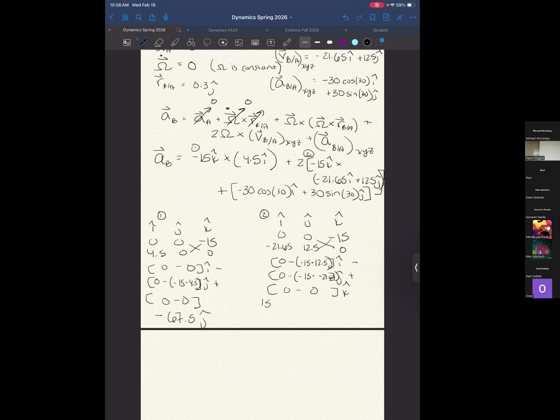So 187.5 I, because it's the K hat, so it's backwards. You set up that cross product. 0, 0. Positive, negative, positive. Let's see, minus 50.